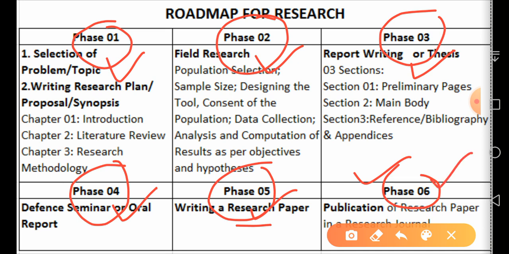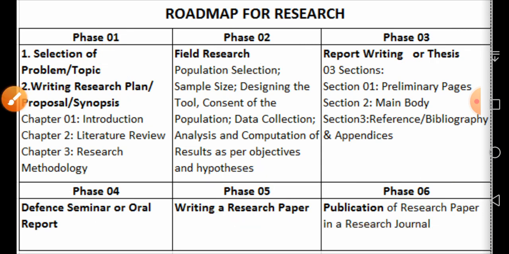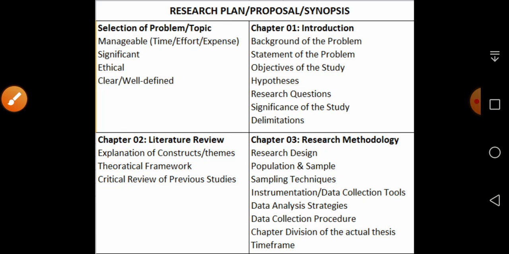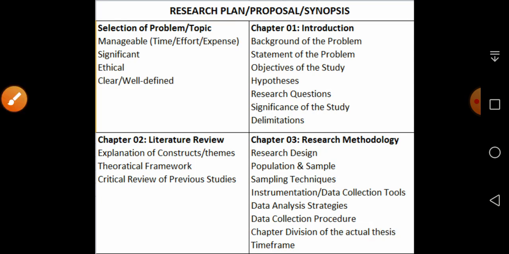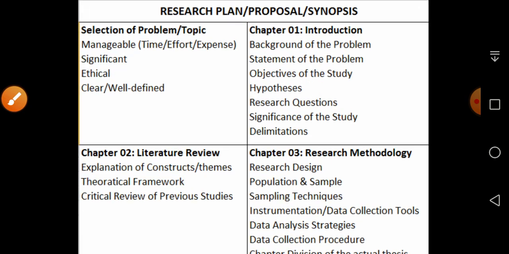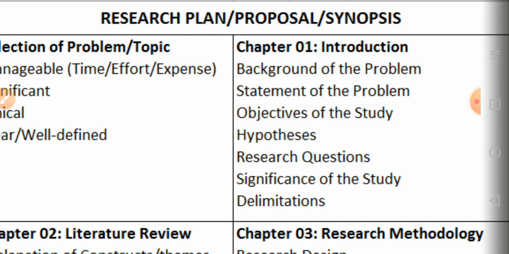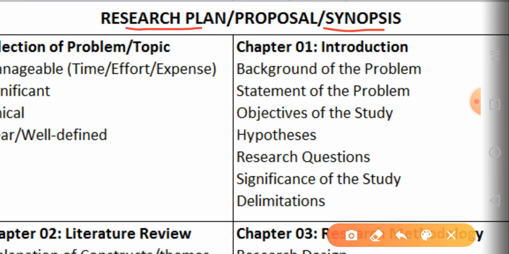Okay, now first of all, for any research, the first thing is topic selection and writing a proposal. So this is our today's topic. A research proposal, as you can see here, has two other names, that is research plan and synopsis.